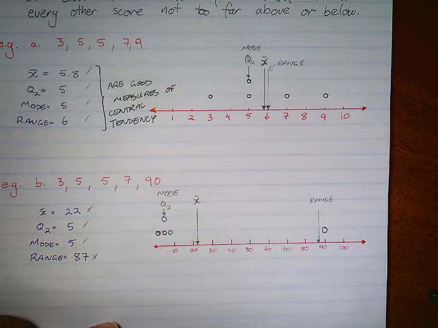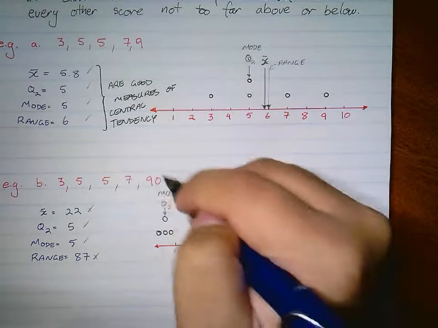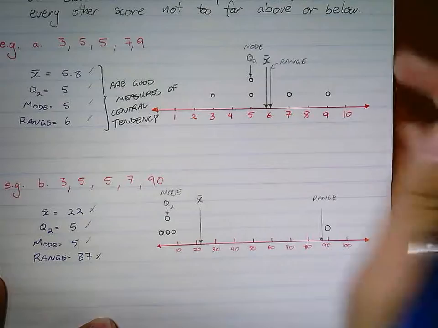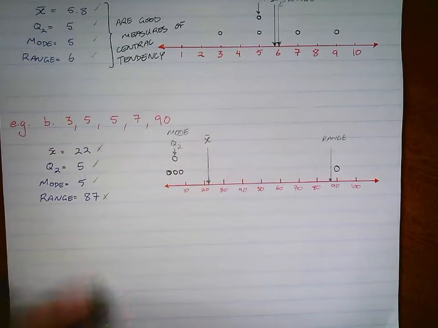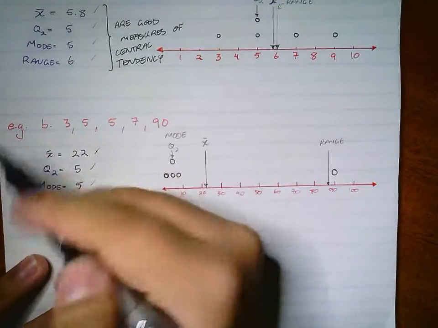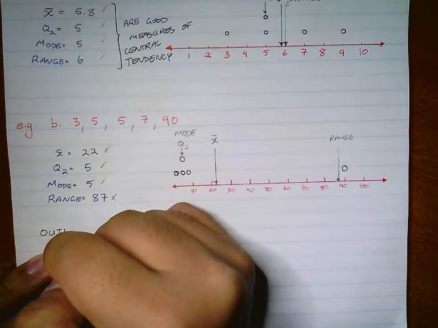And also we can learn a little something about this number here, this 90. It is an example of an outlier. So we'll write that in: an outlier.